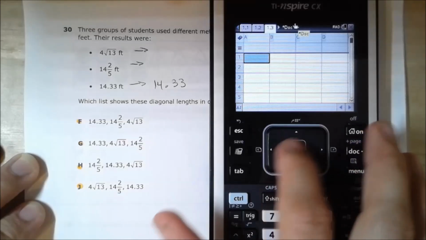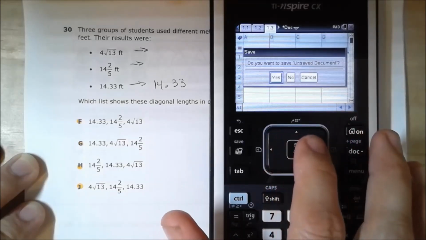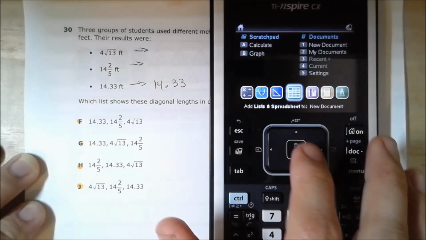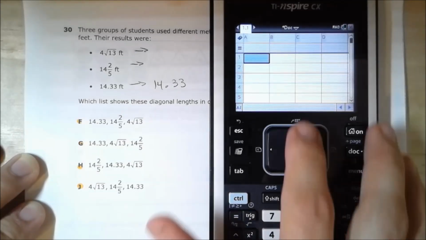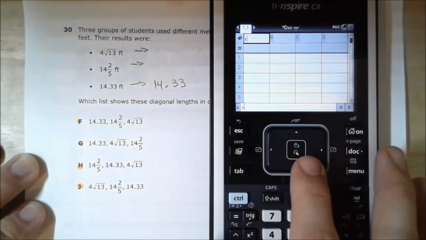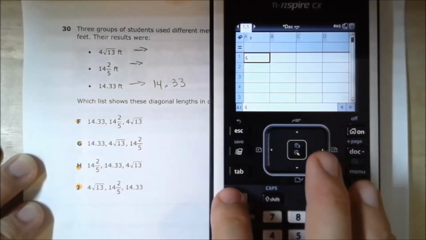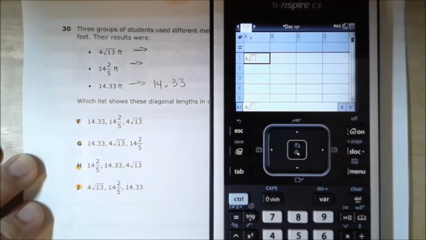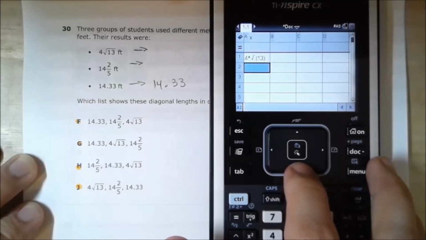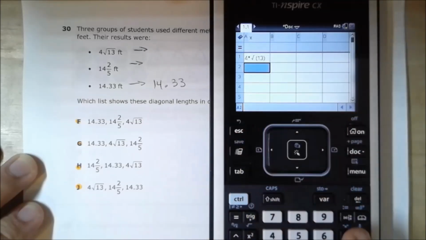And let's see, I'm going to go ahead and delete it real quick. Go back in. Going to change this to X. And let's take a look. We have 4 and the square root of 13. And then we have 14.